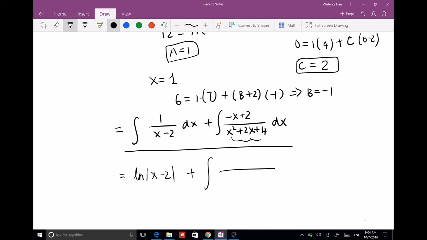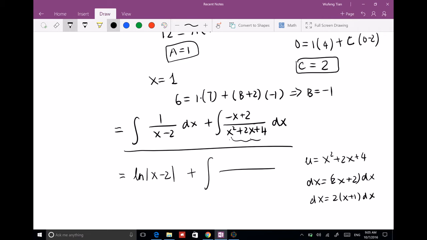If I let u equal x squared plus 2x plus 4, then du equals 2x plus 2 dx, right? And then we do not have a, this one only has negative x, so du equals 2x plus 2 dx.